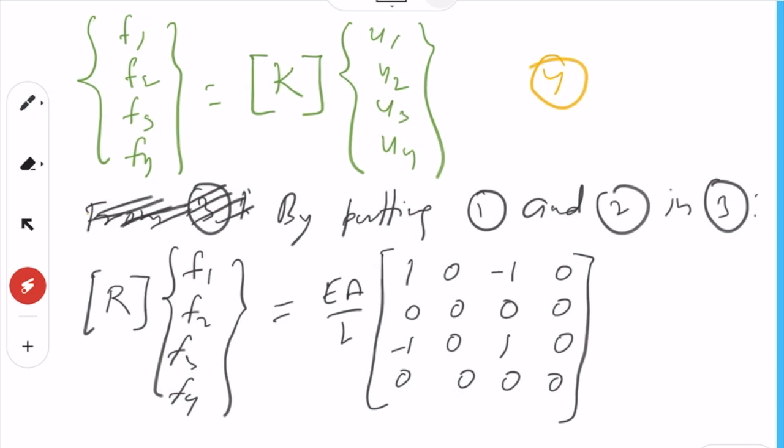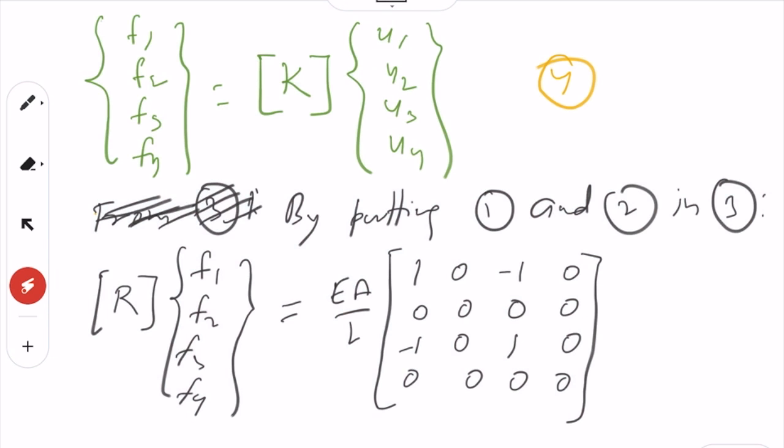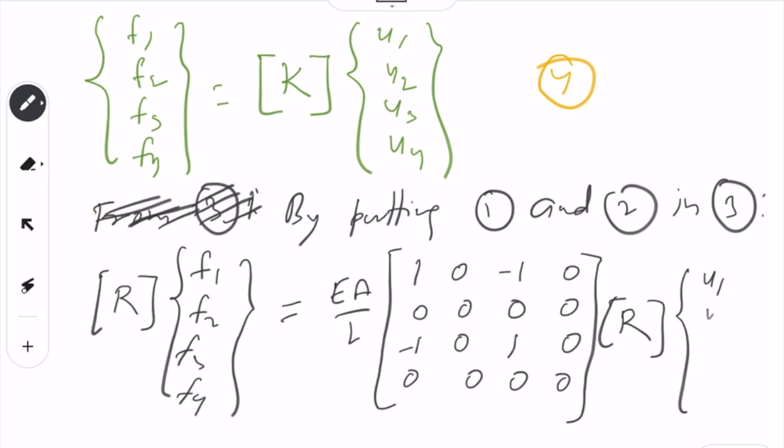So here we will write R, and then we will write u1 u2 u3 u4.